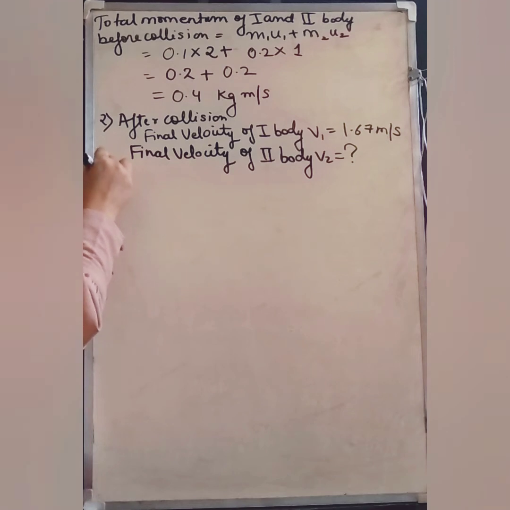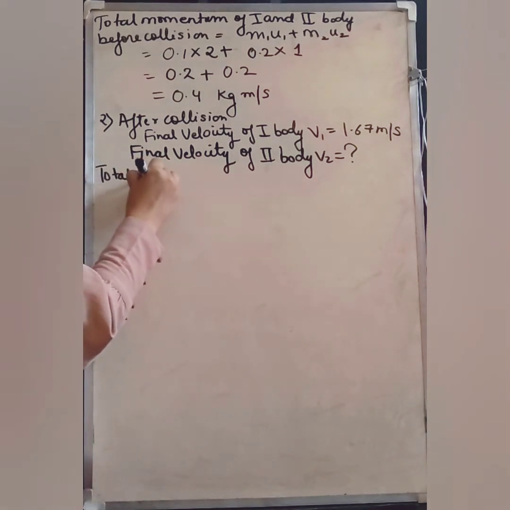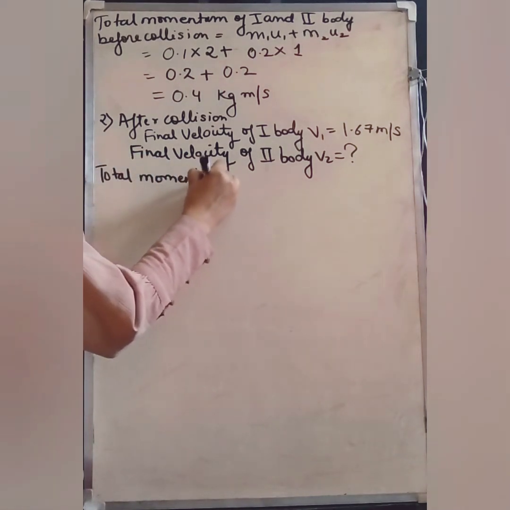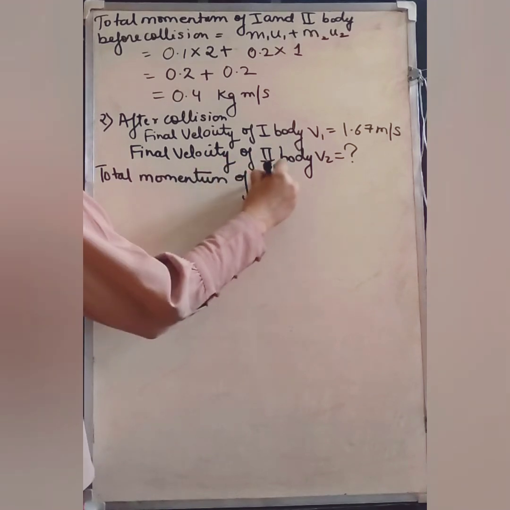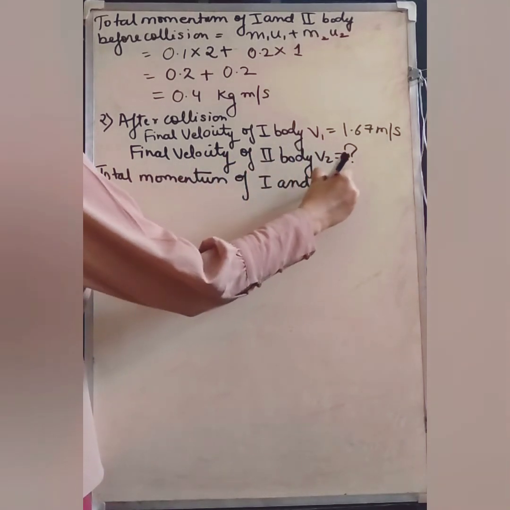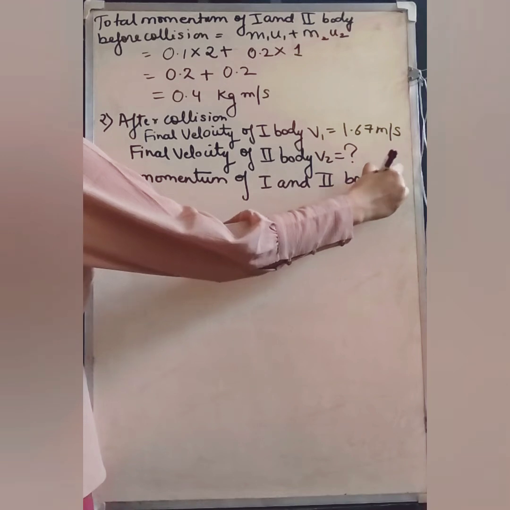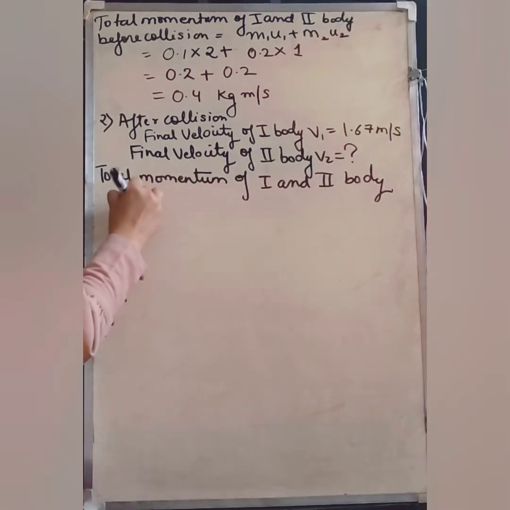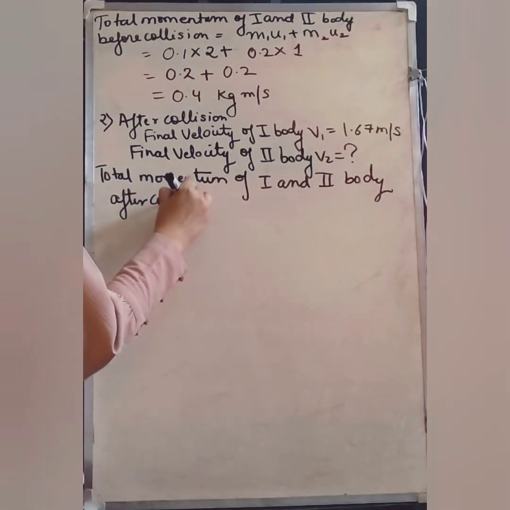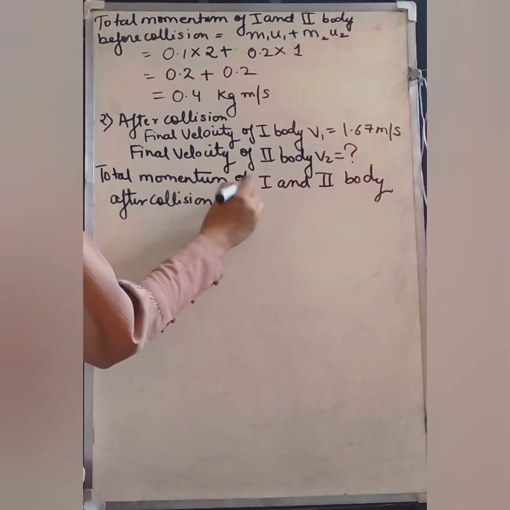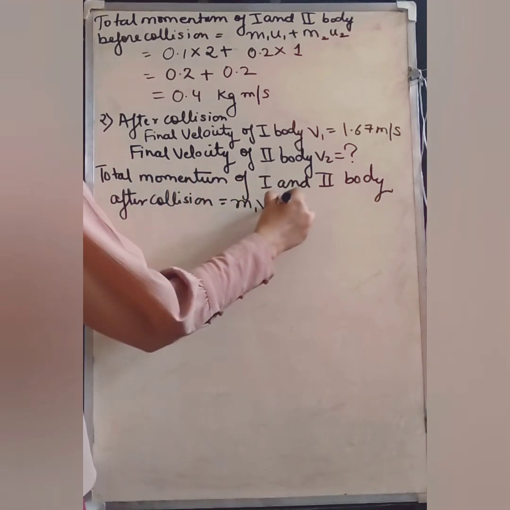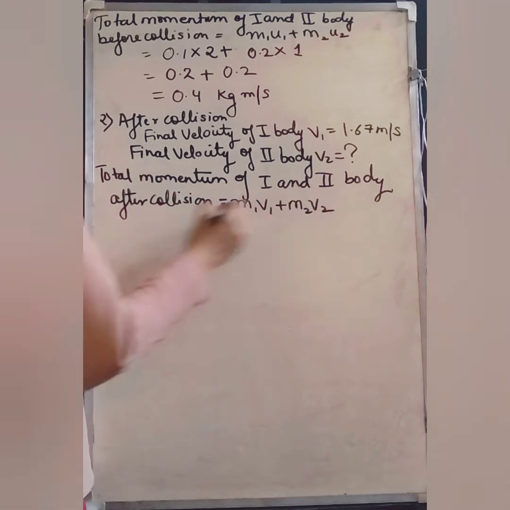We know that total momentum of first and second body after collision will be m1 v1 plus m2 v2.